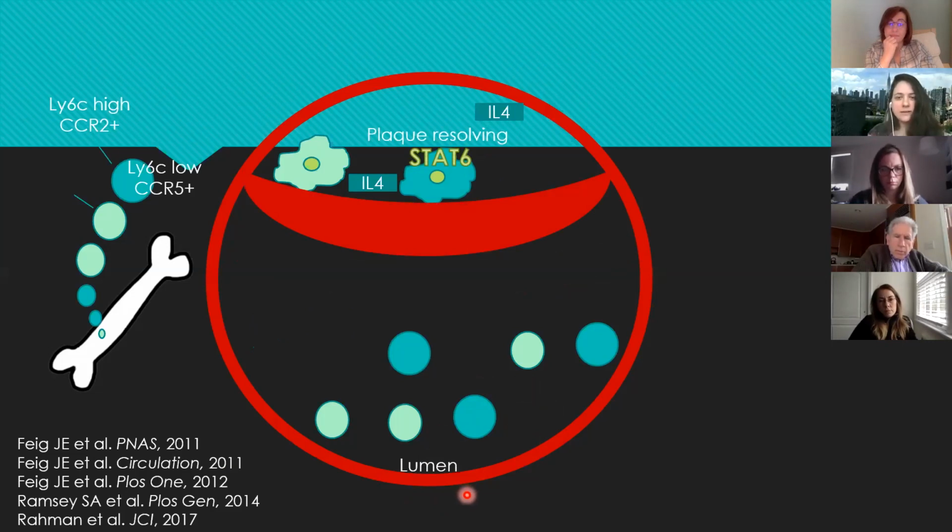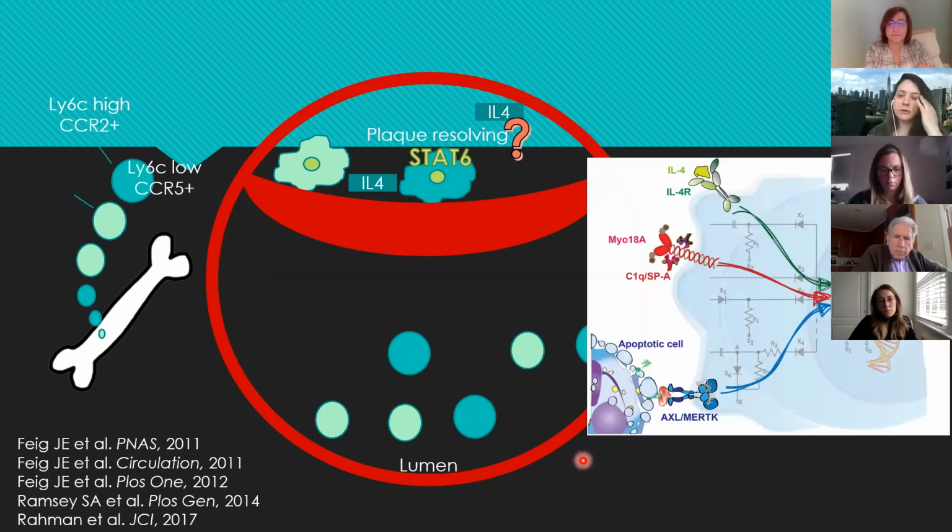But the main question here was how are these monocytes now responding to IL-4, although the abundance of IL-4 does not change? And a couple of years ago, there were two papers from Carla Rothland's group and Judy Allen showing that actually to get a full response to IL-4, you need a second signal.